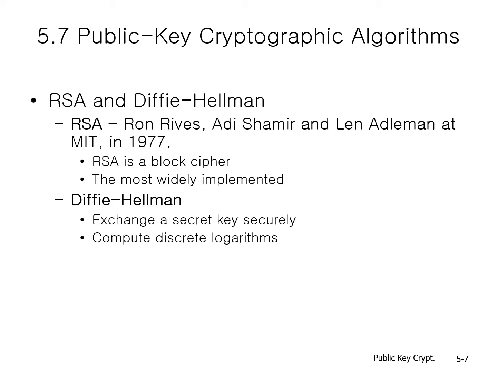Ron Rivest, Adi Shamir, and Len Adleman at MIT proposed the RSA block cipher in 1977. The RSA block cipher is the most widely implemented public key cryptographic algorithm.